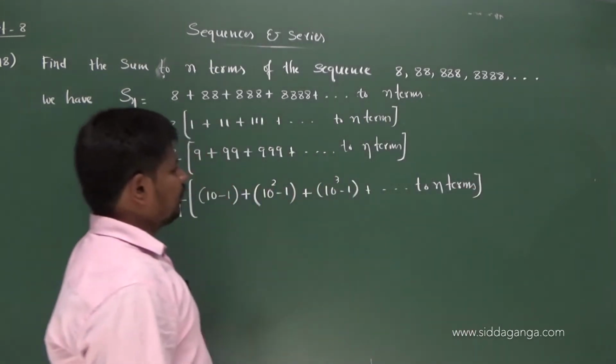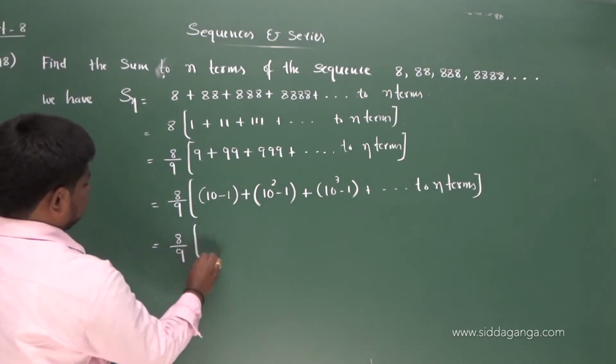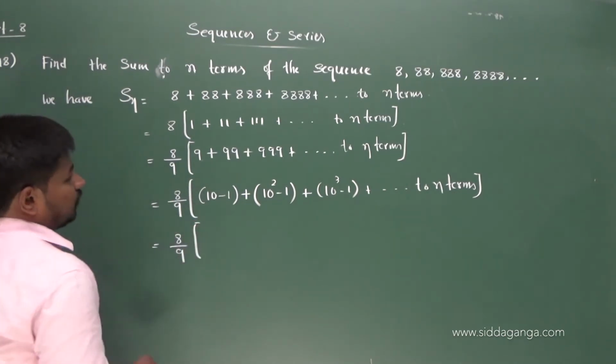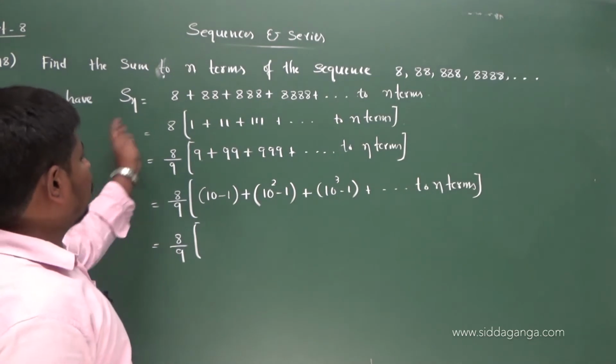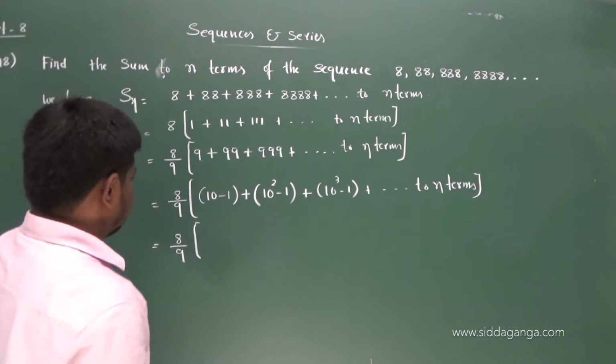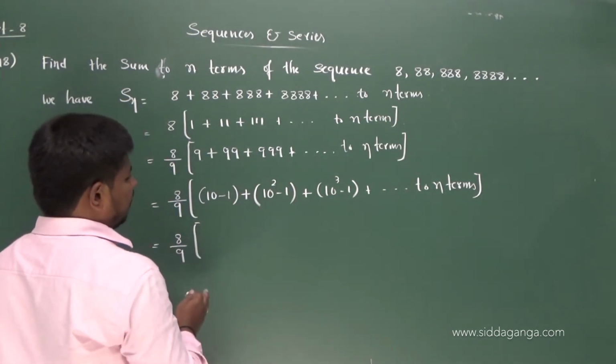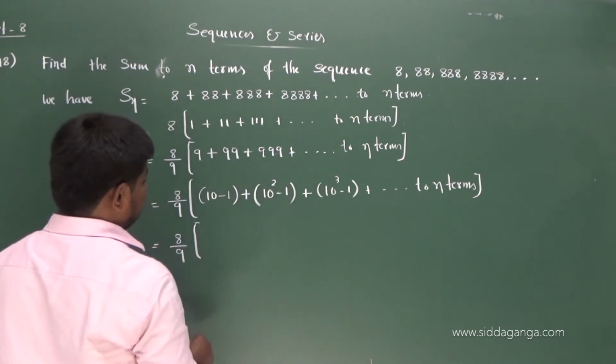Okay. Now, this is equal to 8 by 9 into... Since we don't have any exact value of n, the answer will be in terms of n. Now I am going to rearrange the numbers and split.